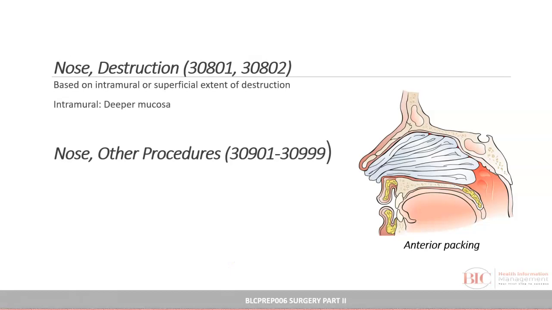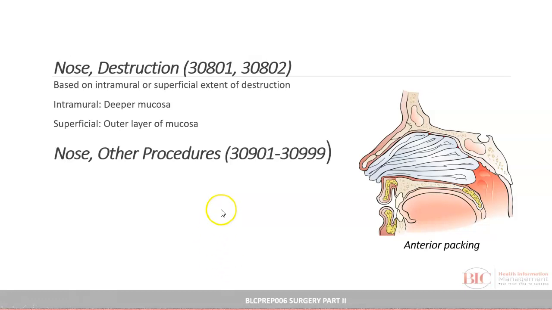Under the destruction, it is based on intramural or superficial extent of destruction. Intramural means they're in a deeper mucosa. Superficial is the outer layer of the mucosa. I've coded a lot of these, and they're usually pretty well documented, whether it's intramural or superficial.